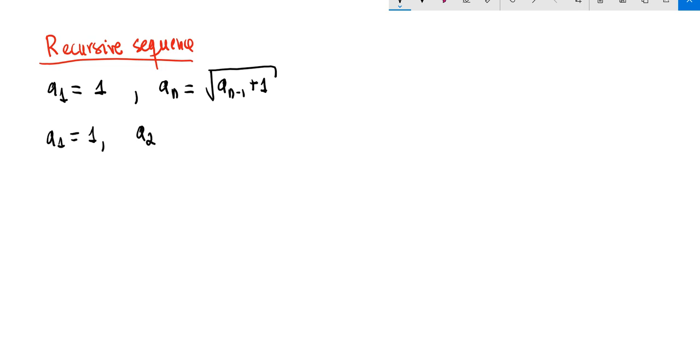The second term a sub 2 is given in terms of the first one, so it will be the square root of a sub 1 plus 1, which is the square root of 1 plus 1, which is square root of 2.